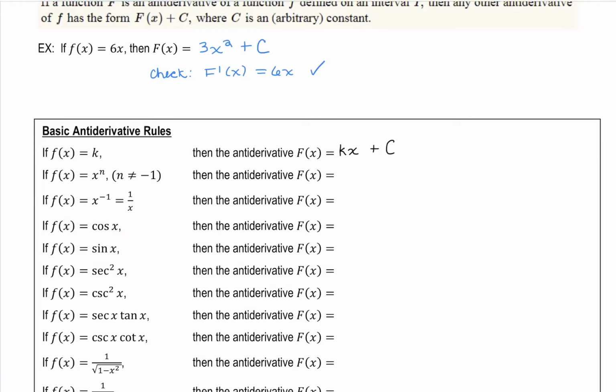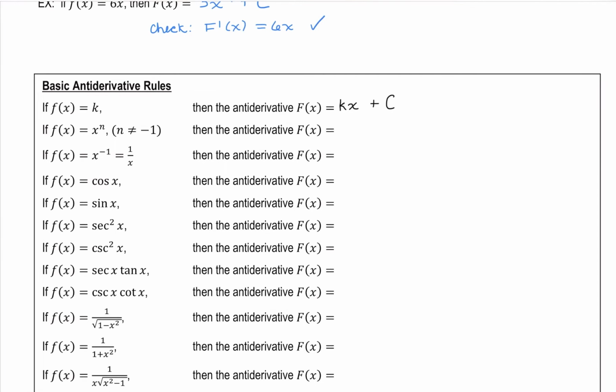The first thing we're going to do is increase the power by 1, add 1 to that power. And then instead of multiplying by the power, we're going to divide by the power. So we're going to have x to the n plus 1 divided by n plus 1.